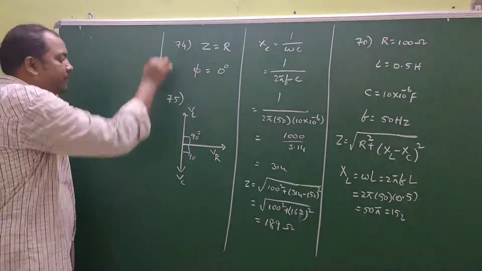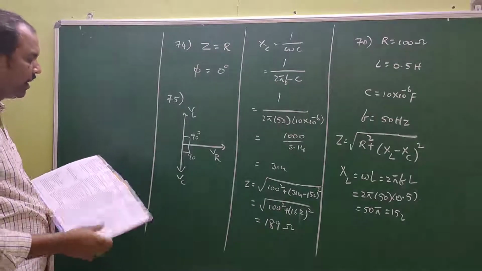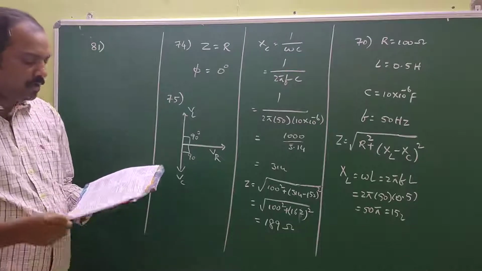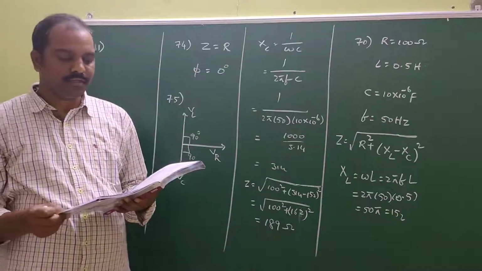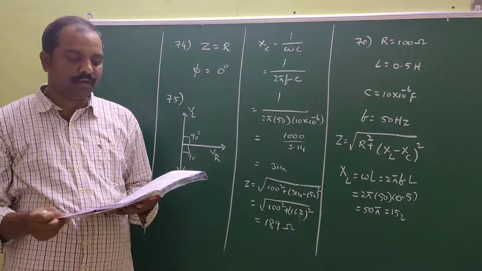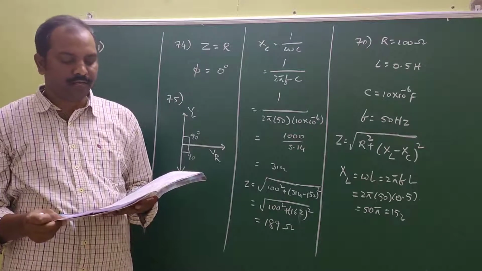The next question is question number 81. An inductance L, capacitance C, and resistance R are connected in series across an AC source of angular frequency omega.